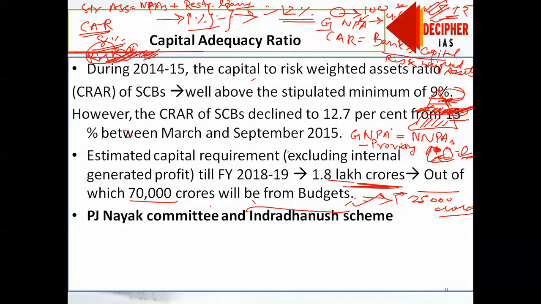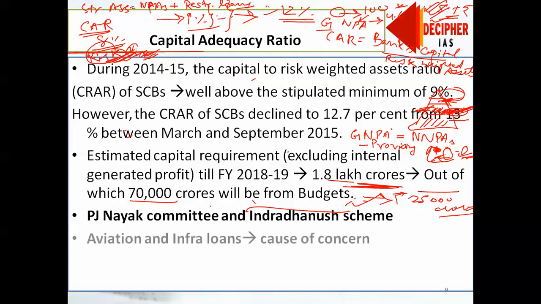Transparency, that is the proactive information giving by the banks, digitization of the banking infrastructure. Okay. Now also the Indradhanush scheme talks about the capitalization of banks that I have recently told you in the previous point of 1.8 lakh crores. These all points are mentioned in the Indradhanush scheme as well as PJ Nayak committee recommendations.